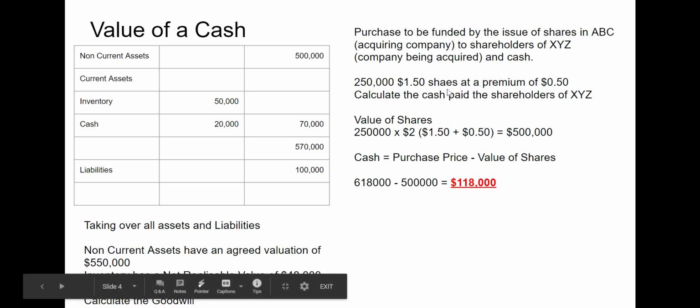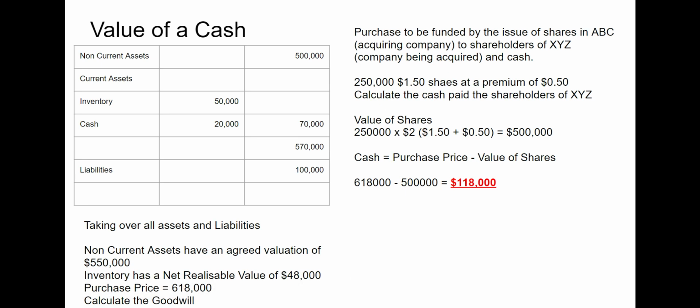So in this case, there's going to be an issue of 250,000 $1.50 shares at a premium of $50. So those shares have been agreed to be worth $2 a share. So the total value of the shares issued, we're going to use as 500,000.